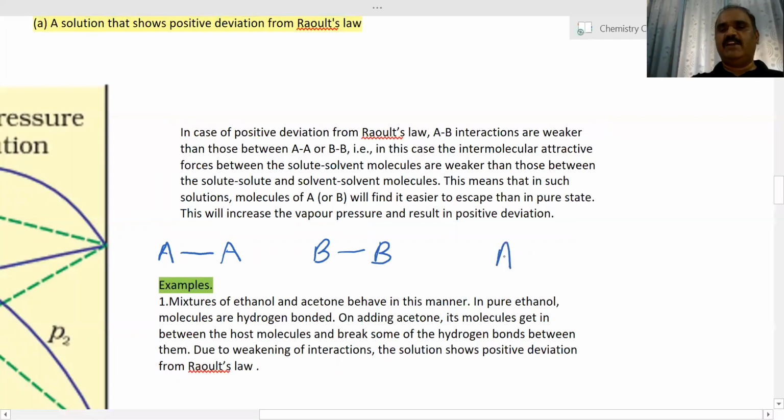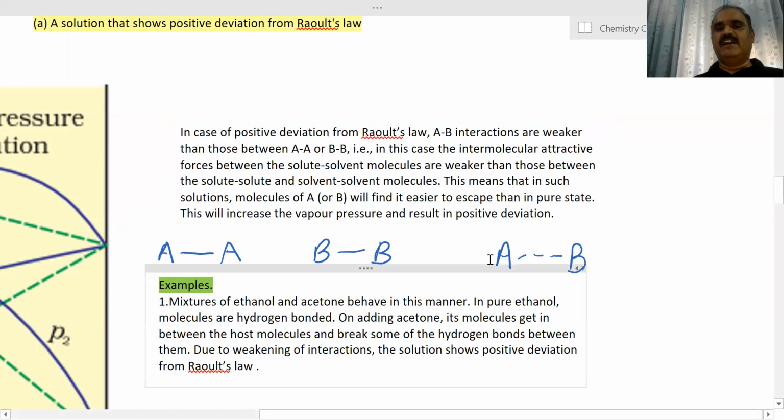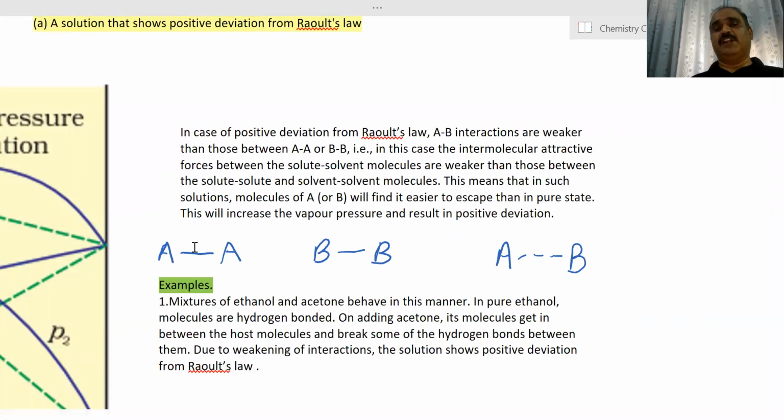Now A and B are held by some kind of interactions. Okay. Now it is just a representation. These two lines between AA and BB are solid lines, and this is a dotted line. Just to show you that these interactions are weaker than these. Okay. So when this thing happens, positive deviation takes place.